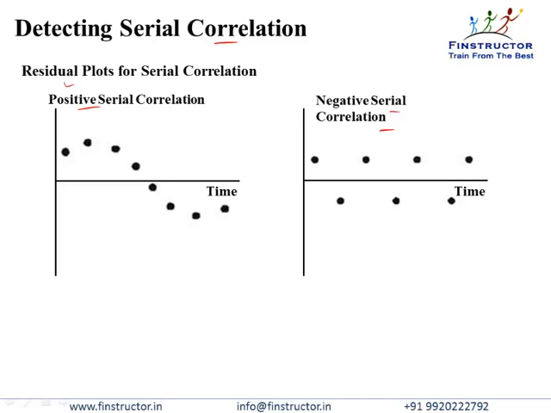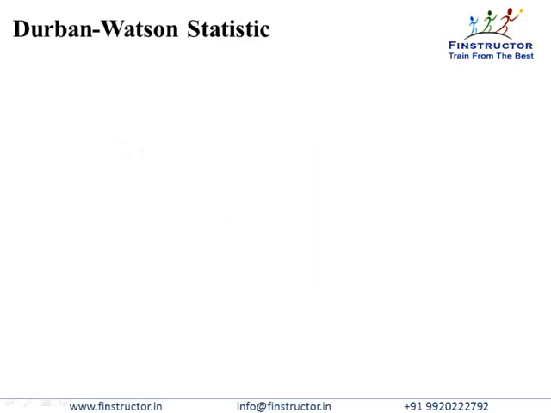Again, a more popular and a more mathematical method to check for serial correlation is called the Durbin-Watson statistic. So what are we now trying to check? We're trying to check if the error term in one period is correlated with the error term of the previous period.